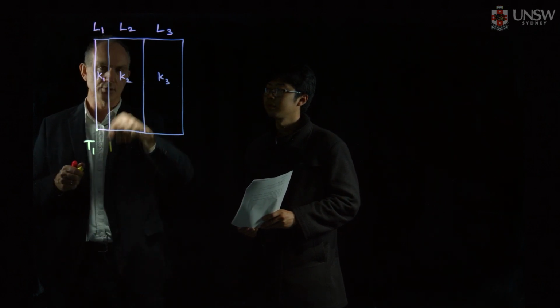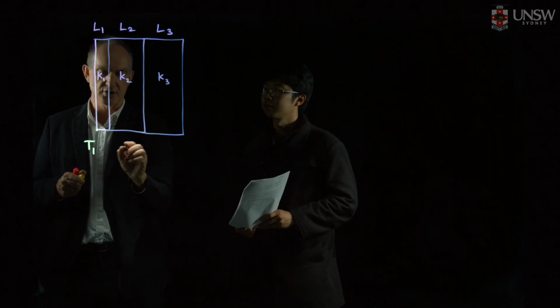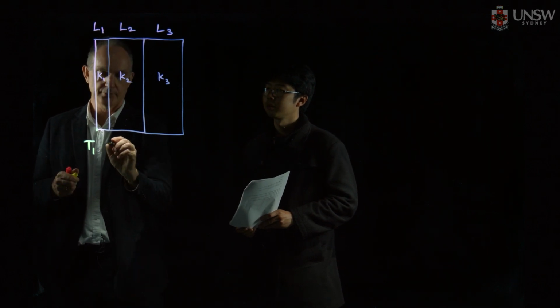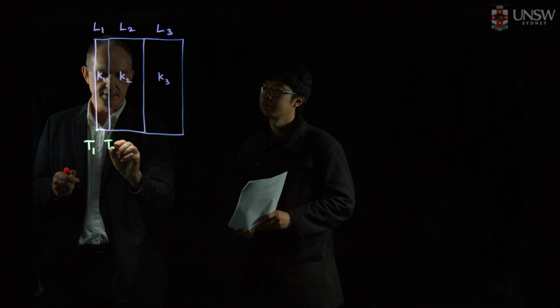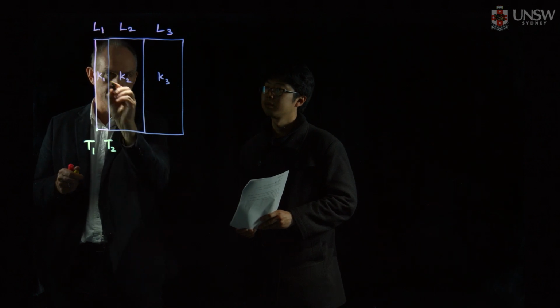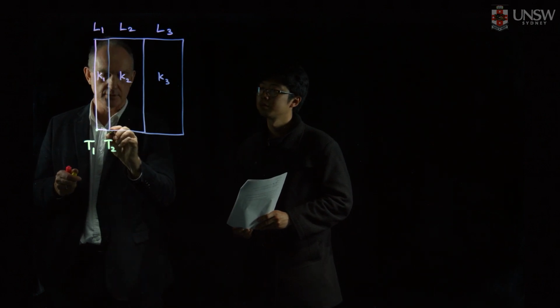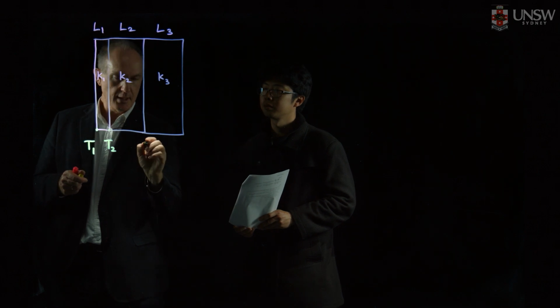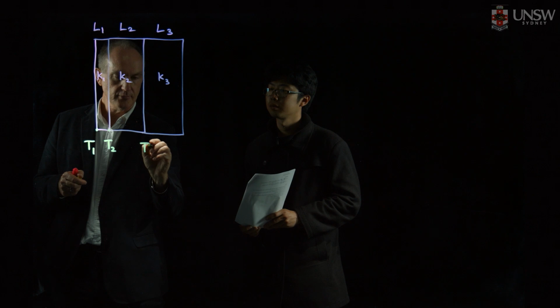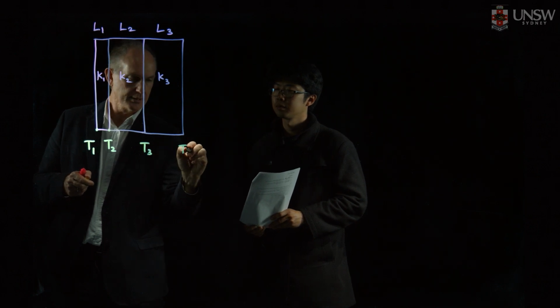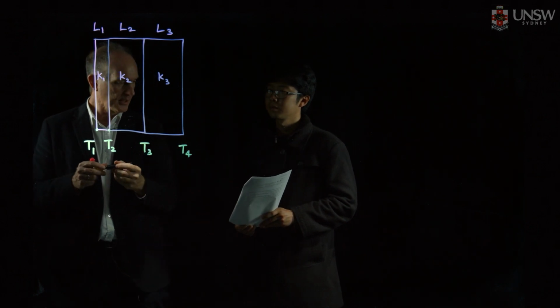We're assuming this is all uniform, so we've just got a one-dimensional problem. We're not worrying about 2 dimensions or 3 dimensions. Here's T1. T2 is the temperature between layer 1 and layer 2, then T3 and T4. Okay, great.